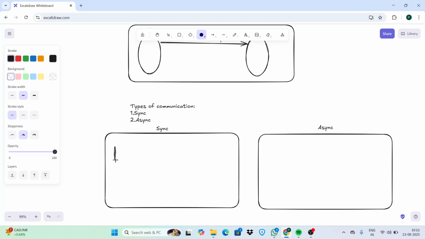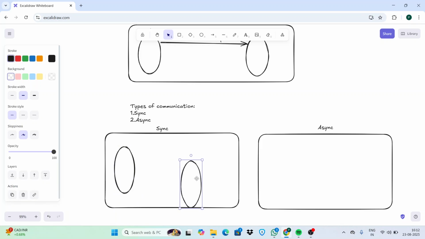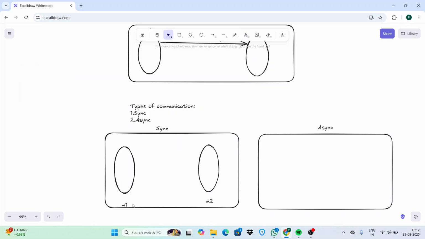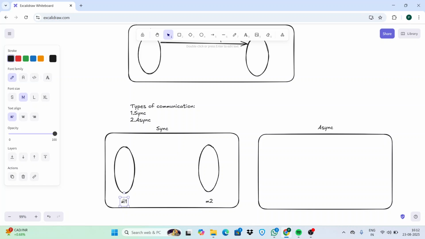Consider this is M1 service and this is M2 service. So M1 wants to communicate with this M2.